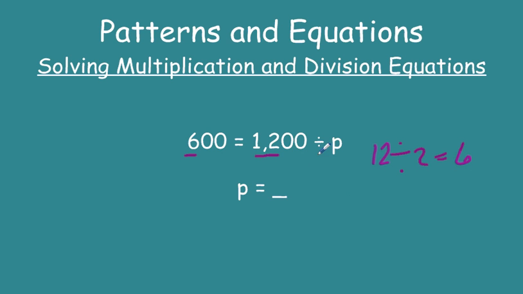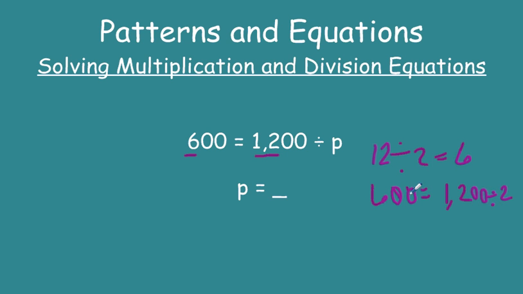So now I've got to figure out how my zeros work. So right now I have 600 equals 1,200 divided by 2. Now I have to figure out, does my 2 need any zeros? Right now my quotient, which is 600, has 2 zeros, and this dividend right here has 2 zeros.